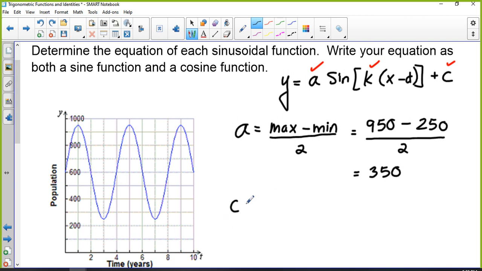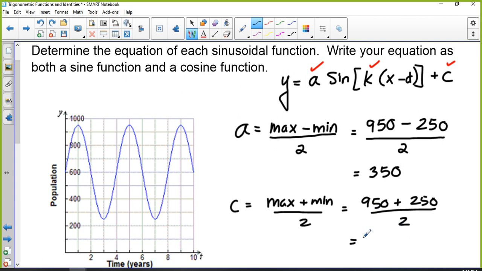Now the c parameter, that's the mean value, and it has a very similar formula. That's the halfway point between the maximum and minimum, so max plus min divided by 2. 950 plus 250 is 1200, divided by 2. Our c parameter is 600.